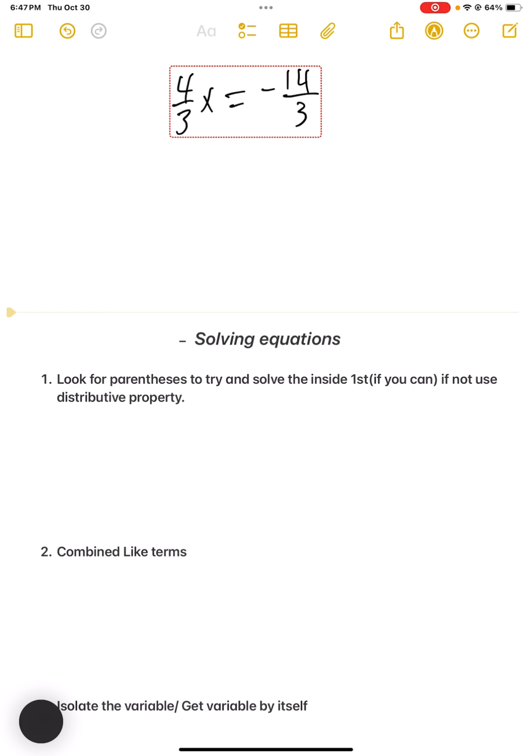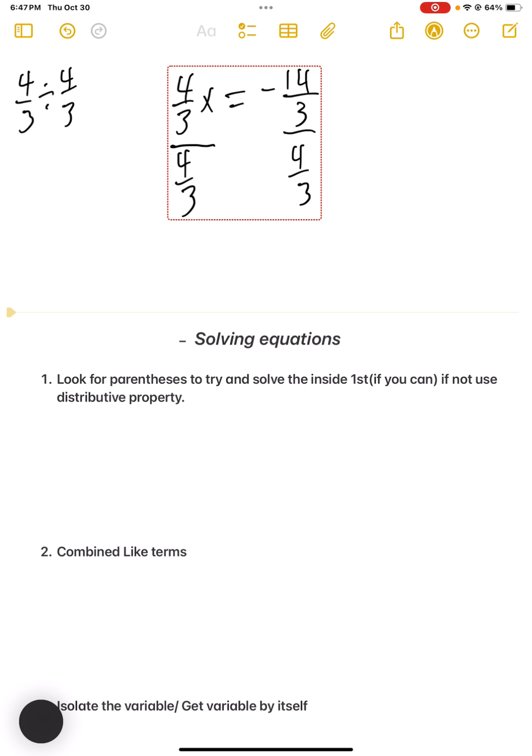Okay, so just like before, I know that this fraction is trying to multiply to the variable because they're next to each other. So to separate it naturally, I would divide by the same thing. Divide by 4/3 on both sides. So this would cause me to be dividing fractions, right? To divide fractions, I have to do keep, change, flip.